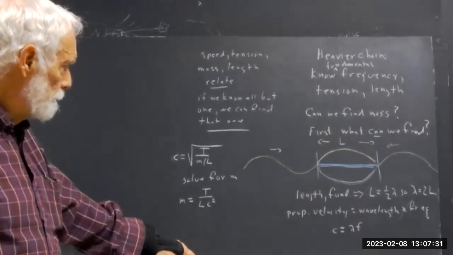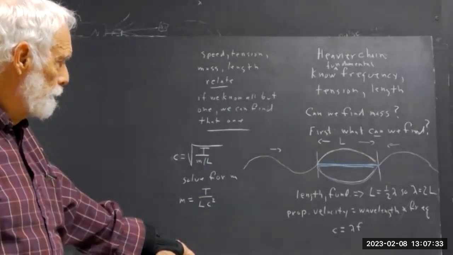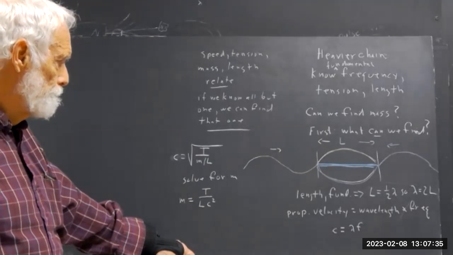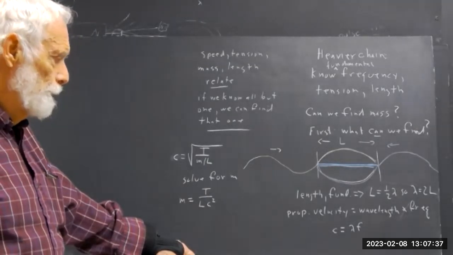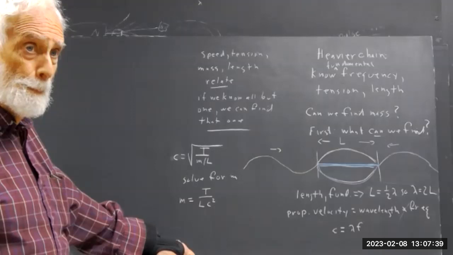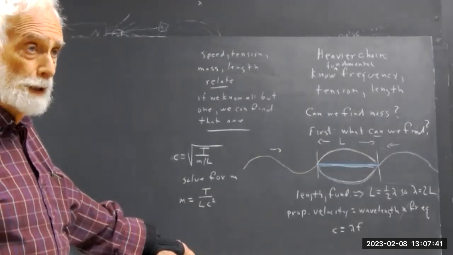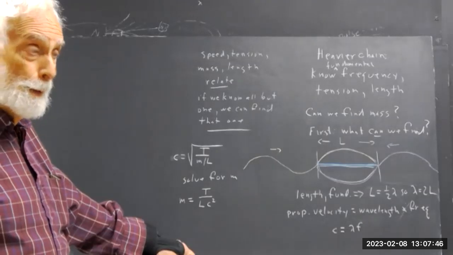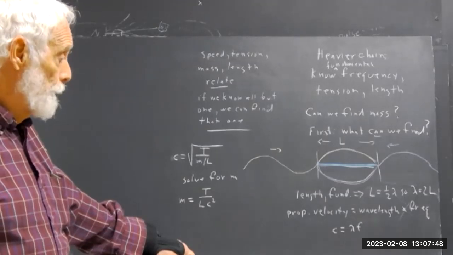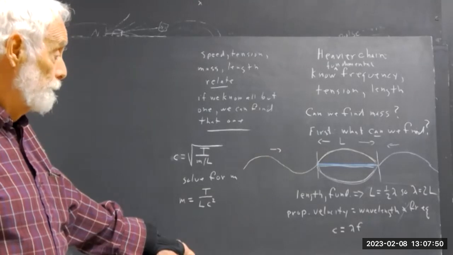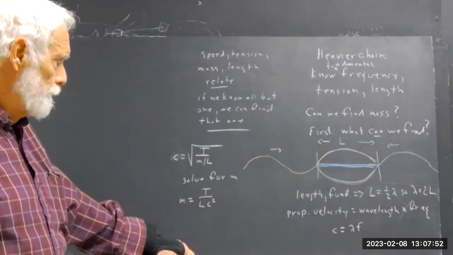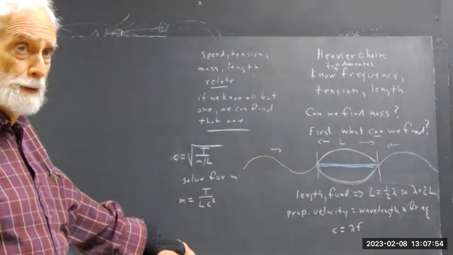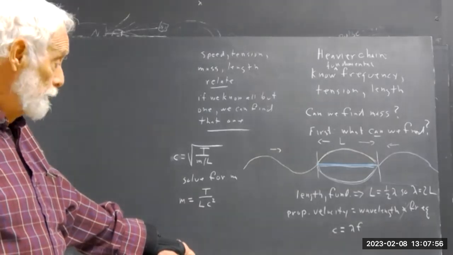Speed of propagation: the wavelength is like 9 meters. Frequency is like 0.7 cycles per second, right? So that's like 7 meters per second. So C squared would be 49 meters squared per second squared.